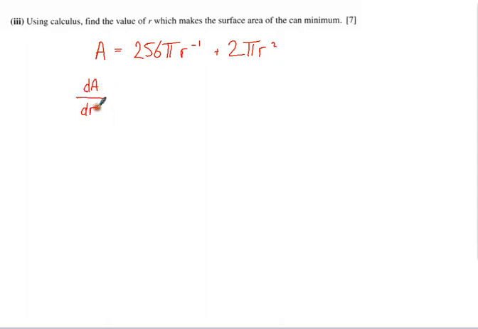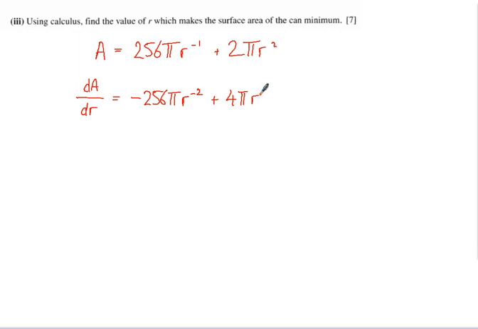Because of the way we've written this, it should make it easier to differentiate. Multiply through by the power, minus 256 pi, that's all a number term, and reduce the power by 1, to the power of negative 2. Same thing over here, multiply through by the power, that's 4 pi, reduce the power by 1, we get 4 pi r.